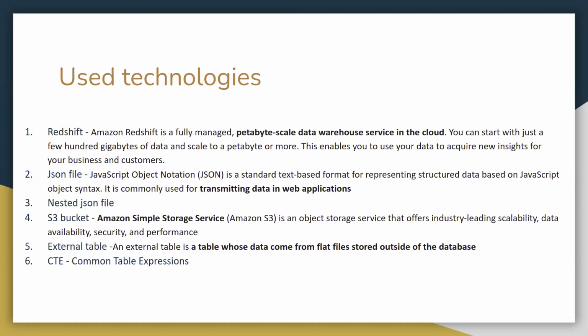All these forms of data warehouse, or rather forms of computing large data, allow us to read data from flat files. Flat files are things like CSV files, spreadsheets, Parquet, JSON, like the one you're having right now.